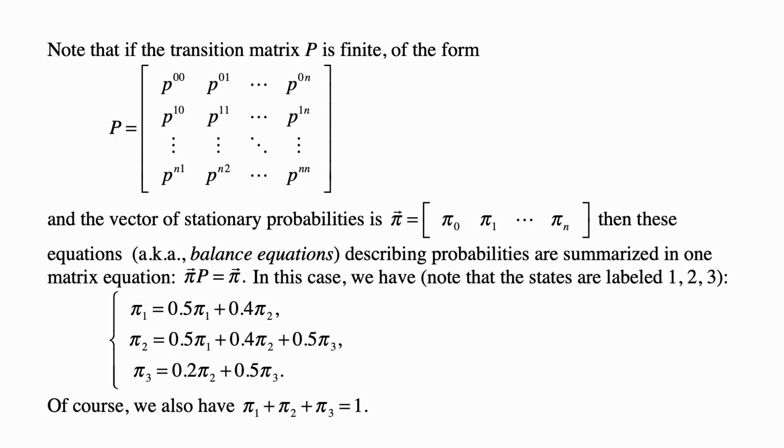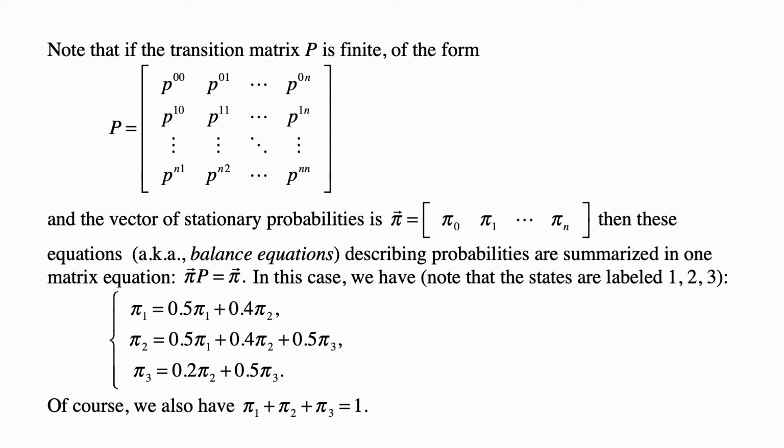Note that if the transition matrix P is finite, of the form like this, and the vector of stationary probabilities is pi, with pi 0, pi 1, and so on up to pi n, where we see that this matrix has n rows and n columns, so there are n states.